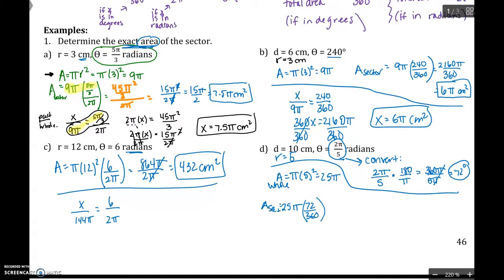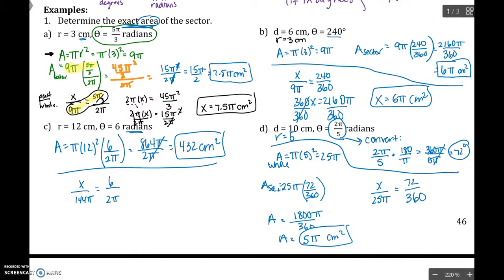Or you can set up a proportion, the area out of the total 25 pi area equals 72 out of 360. And you'll get the same answer either way, because either way you have to do 72 times 25, which is 1800 pi, and then you would have to divide that by 360, which would be 5 pi centimeters squared.